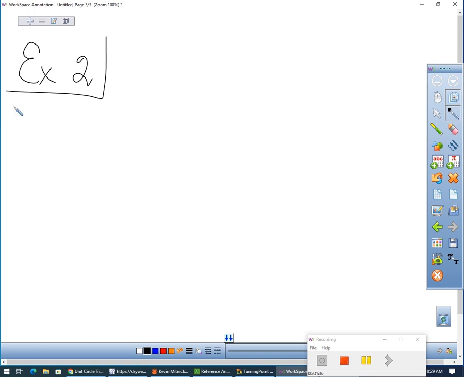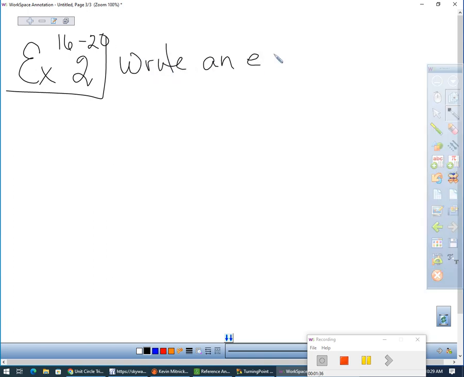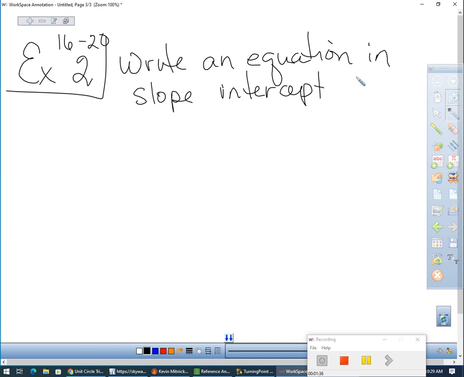Example number 2, this is what I'm going to ask you to do for 16 through 20. I want you to write an equation of the line in slope-intercept form, so y equals mx plus b, given that your slope is 3/4 and your y-intercept.